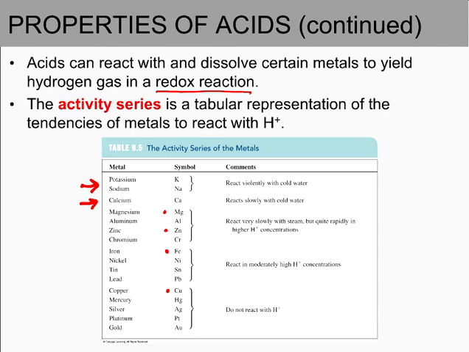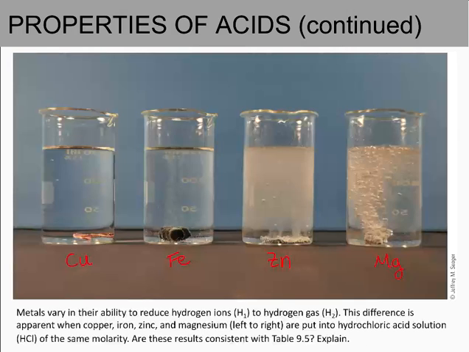So if we look down this list, magnesium, zinc, iron, copper, magnesium should react the most violently with hydrochloric acid, excuse me, I keep saying water for some reason. And then copper should react the least with the acid. So going back to this figure, we can see that that's true. Copper, I mean, there's a couple bubbles in there, but it's really not reacting compared to iron, zinc, and magnesium. And then magnesium is reacting the most violently with hydrochloric acid.